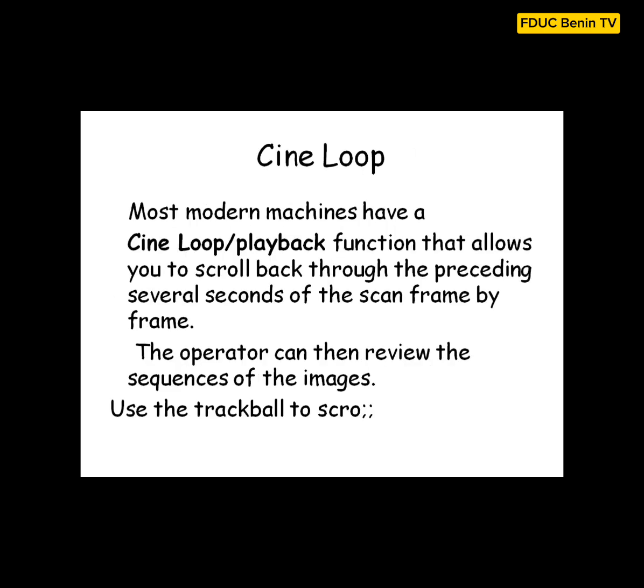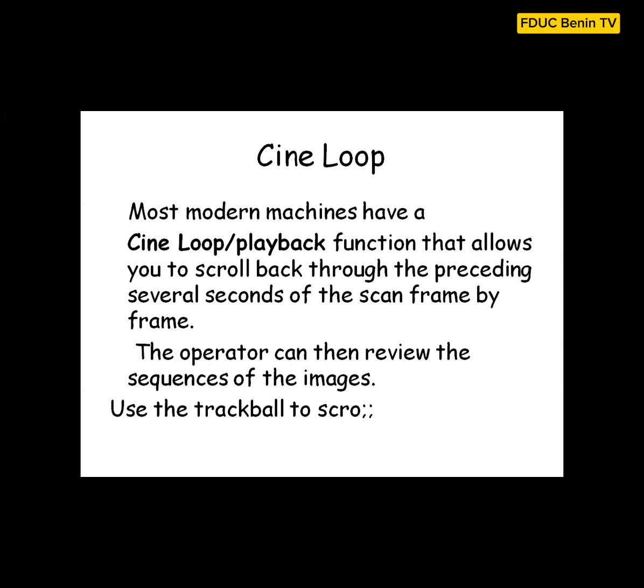Cine loop, this knob. Most modern machines have a cine loop or a playback function that allows you to scroll back, and then you can go through all the previous or several previous scan images, frame by frame. It's as if you are playing a cinema screen.